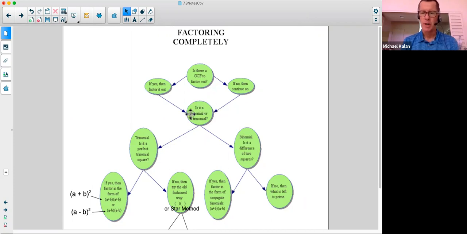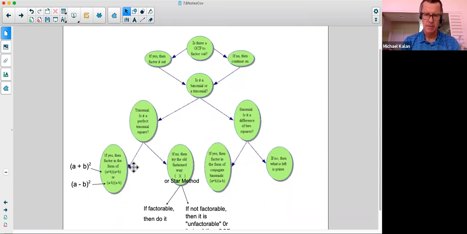All right, what if it's a trinomial? If it's a trinomial, you want to ask yourself first, is it a perfect trinomial square? Is it in the form of a squared plus 2ab plus b squared, or a squared minus 2ab plus b squared? You know that analysis. And if it is, then you factor it in the form of a plus b quantity squared or a minus b quantity squared.